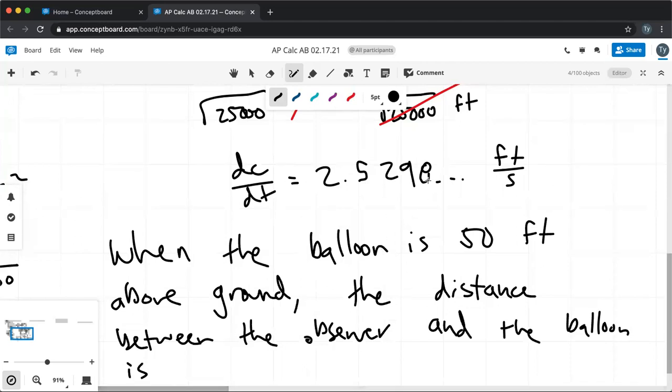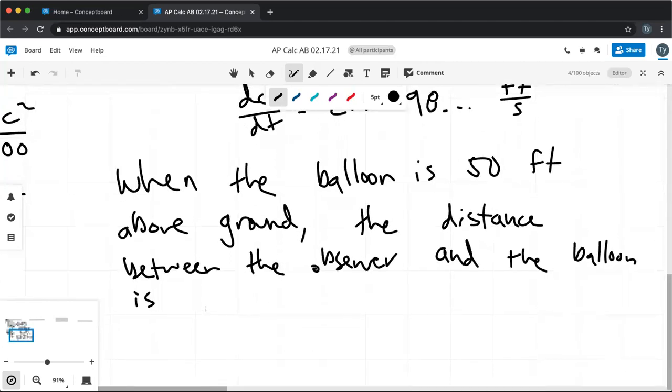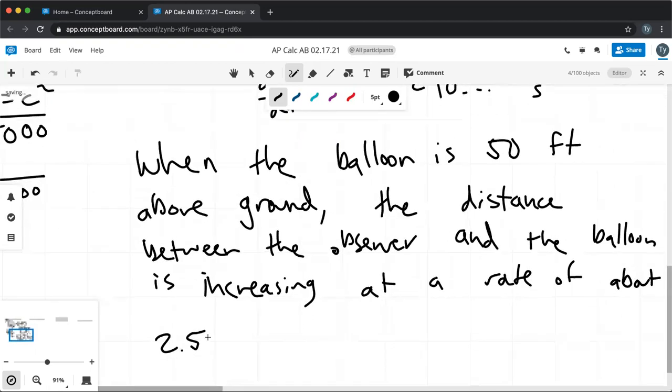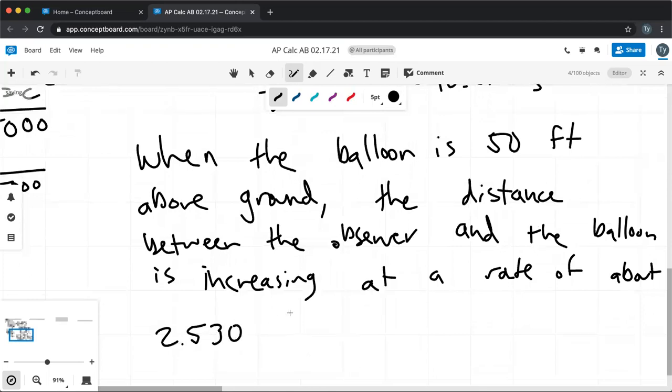Well, this is a positive rate of change, so we're going to be increasing at a rate of about, we can round to 3 decimals, 2.530 feet per second.